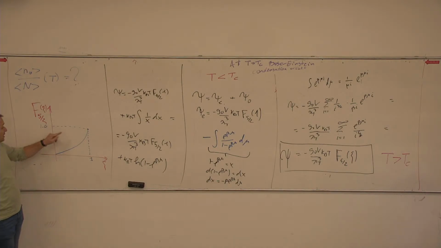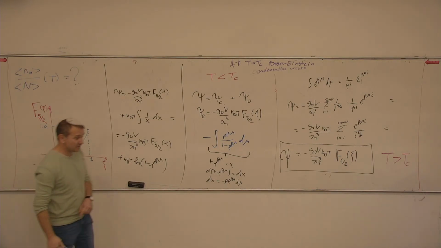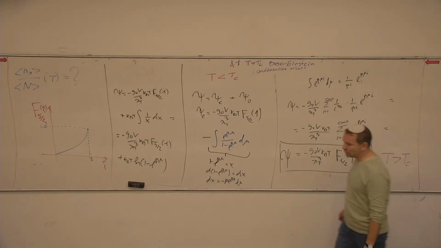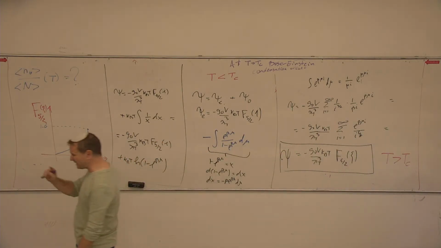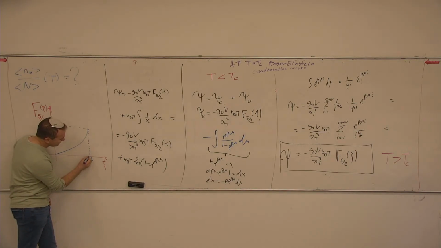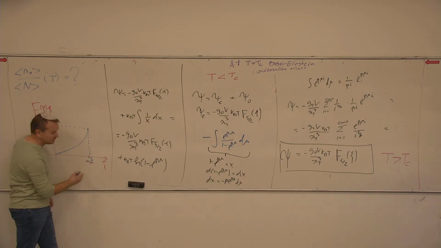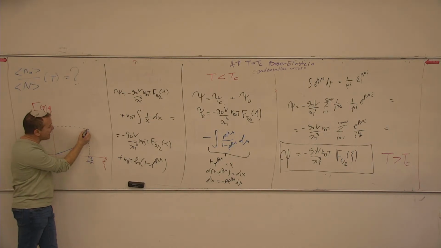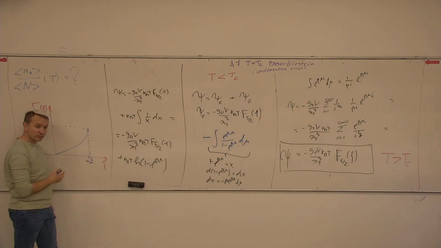So, if I'm a little bit less than 1, let's ask the following question. If my fugacity is very close to 1, but it's not 1, it's 1 minus delta, then it is not f 5 halves of 1, it is f 5 halves of 1 minus a small number, which is somewhere over here.